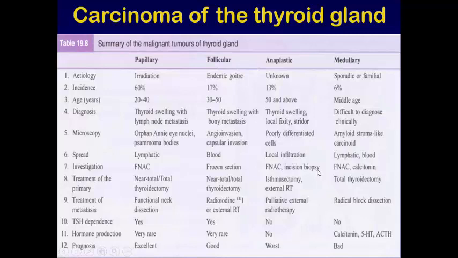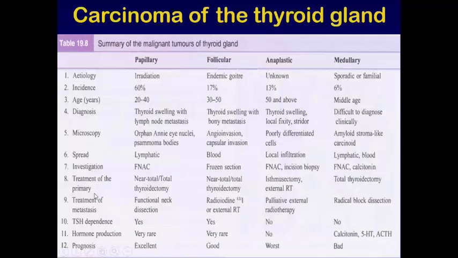We may remove the isthmus and send it for histopathological examination. In medullary carcinoma, fine needle aspiration cytology is also of benefit, and the calcitonin tumor marker is considered. In follicular carcinoma, as we can see, there is no mention of fine needle aspiration cytology. As I mentioned to you, it cannot differentiate between benign tumor and malignant tumor.